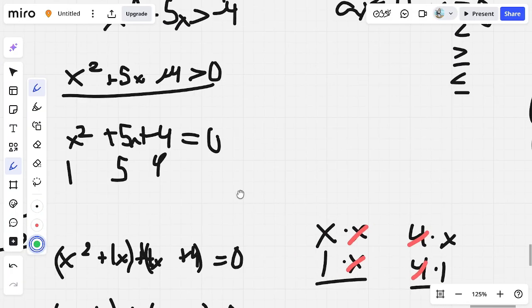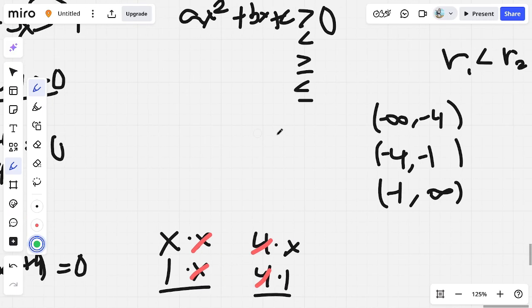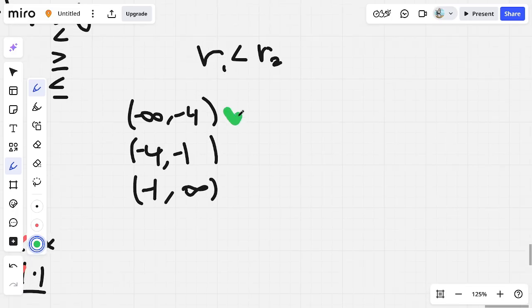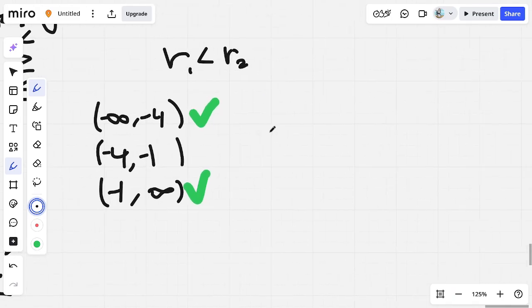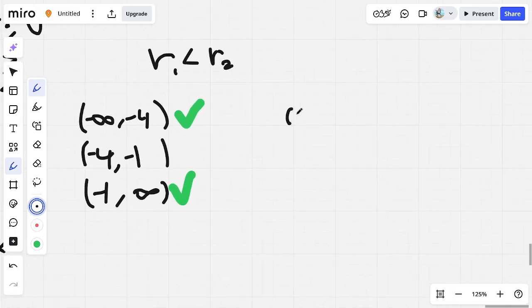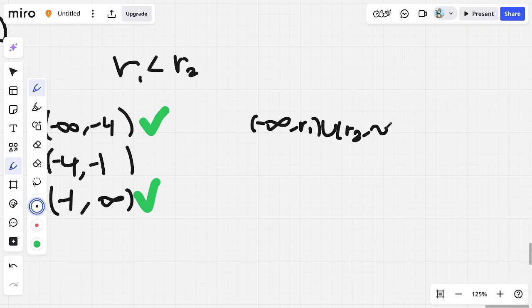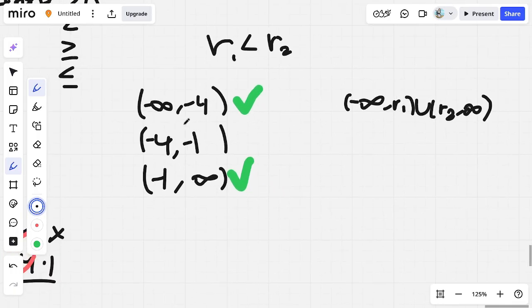Now, since our sign is greater than, we could simply say that the first and third intervals are correct. If it's greater than, it's automatically going to be r sub 1 union r sub 2, the first and the third.